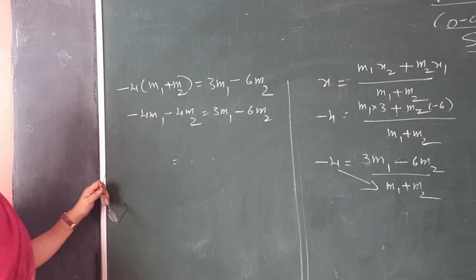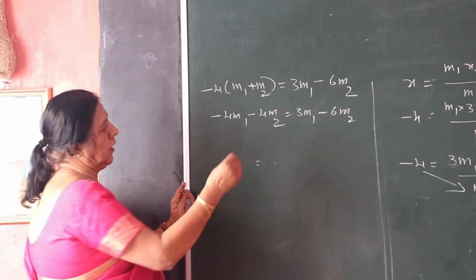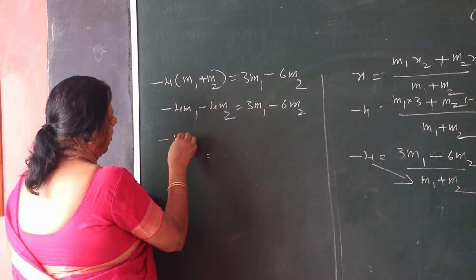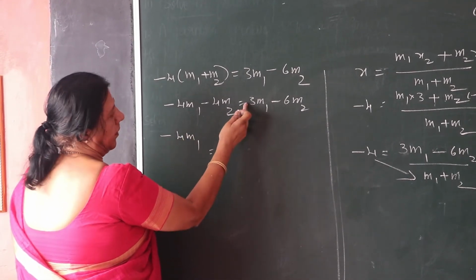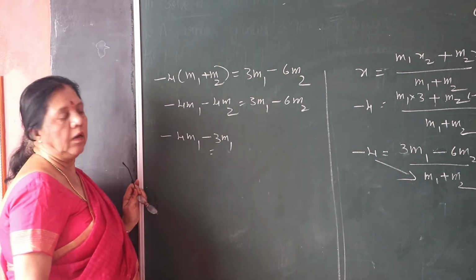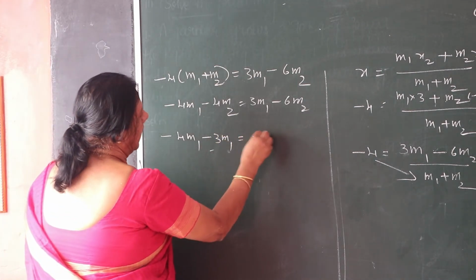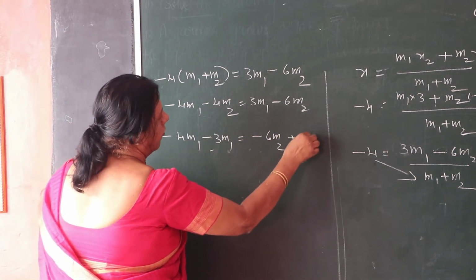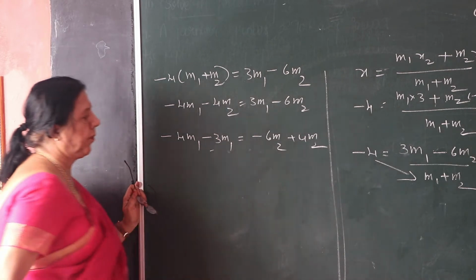Children, follow this simplification. Now bring m1 to one side: minus 4m1 minus 3m1 is equal to minus 6m2 plus 4m2.